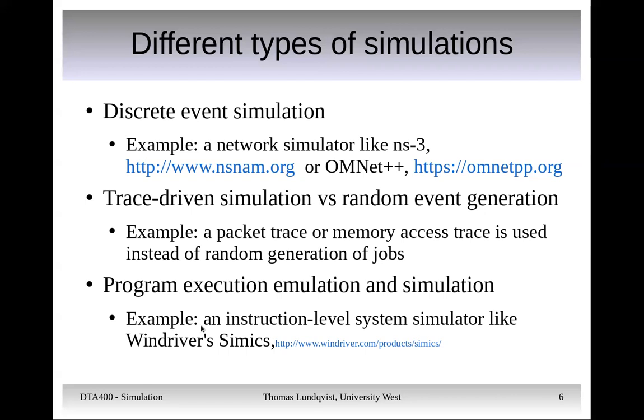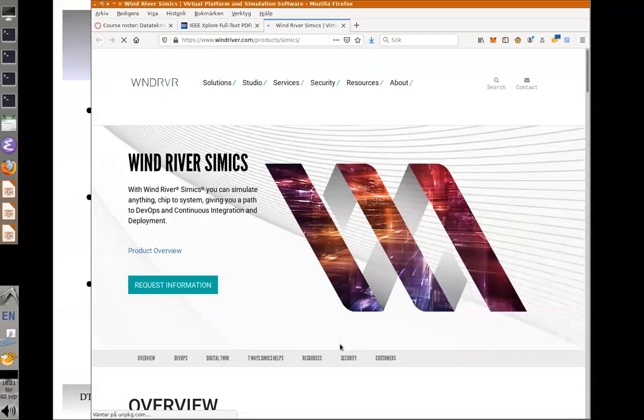One example of them is Simics, and we can take a look at that page maybe. Let's see. It's a fairly expensive simulator, but it has modules so that you can actually simulate computer systems, not only single computers, but many computers and networks between them.